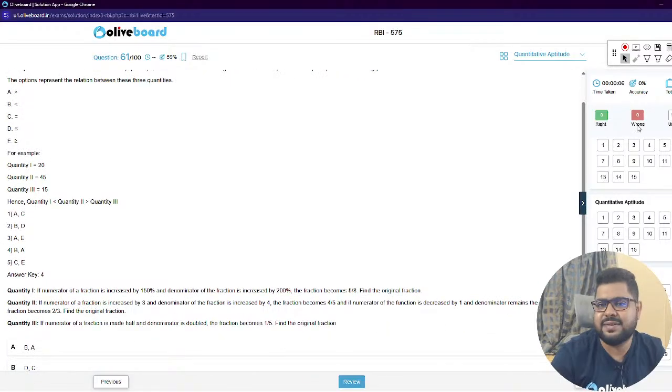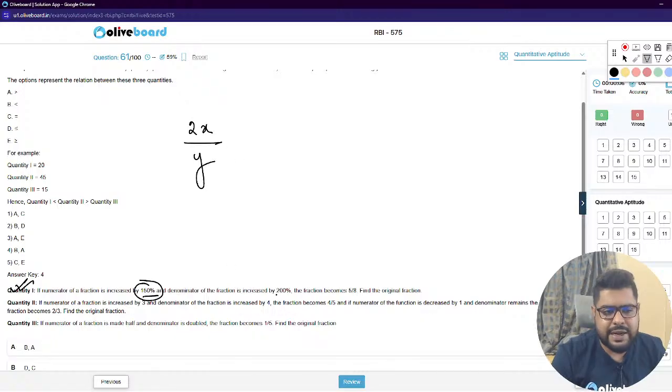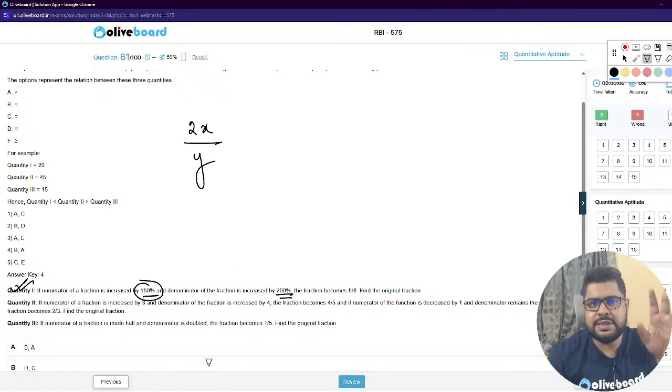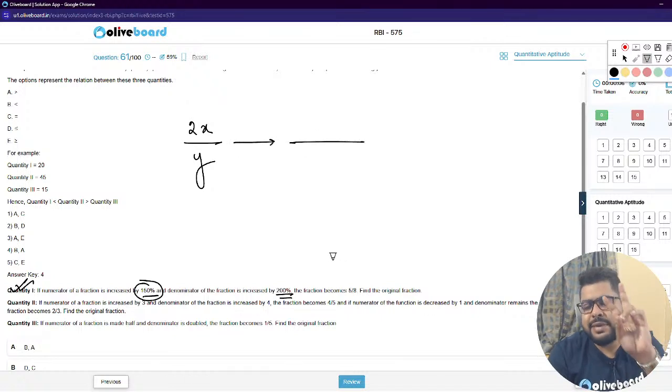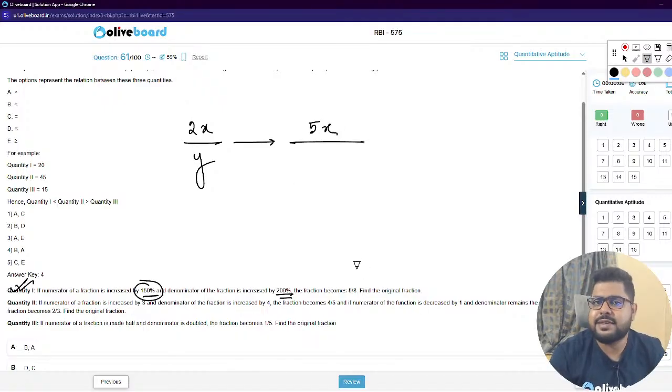Okay, fraction question. I don't think this will be a Q1, Q2 type question. Numerator increased by 150%. Okay, always in this situation, 150, right sir? I'm taking 2x by y because the second one is 200. So this is the original fraction. Numerator increased by 150%, meaning it has been made 250%. 250% means multiply by 5 by 2, so it has become 5x.